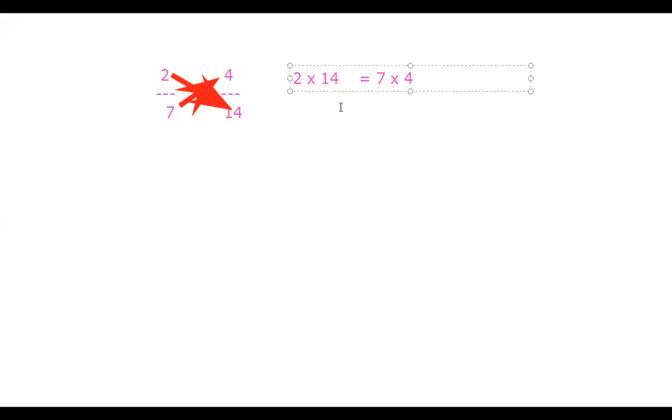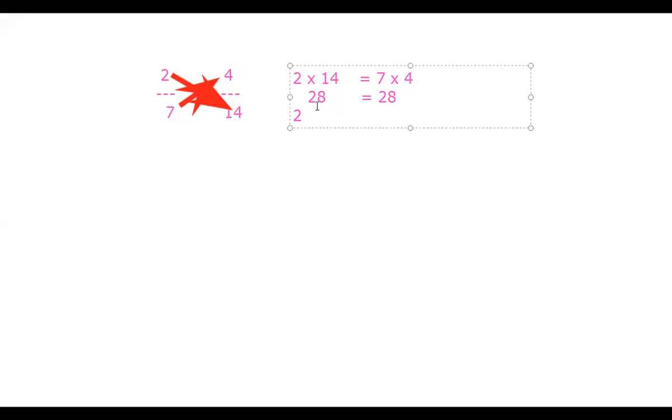Now 2 into 14 is how much? 28. And on the right hand side, 7 into 4, 7 fours are 28. They both are equal, right?